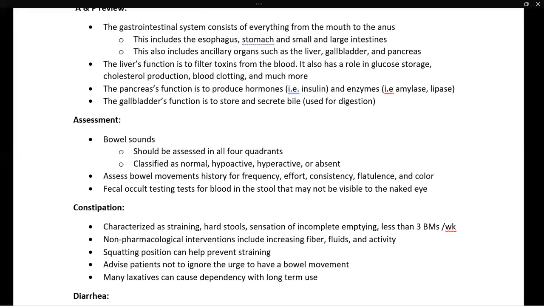Non-pharmacological interventions for the treatment of constipation include advising the patient to increase their fiber, increase their fluids, and increase their activity. We can also look at this list on the flip side. These are the risk factors for constipation: decrease in fiber, decrease in fluids, and inactivity or immobility.